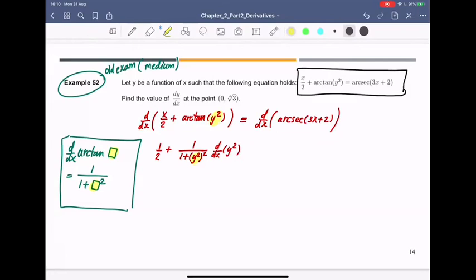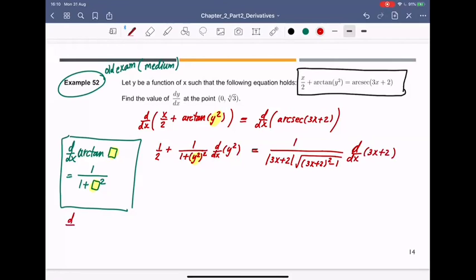And next we do the right hand side. So we are going to differentiate arcsec. So you get 1 over the absolute value of 3x plus 2, times the square root. If you remember the formula of arcsec, it's going to be (3x plus 2) squared minus 1. And then times the derivative of the inner function.